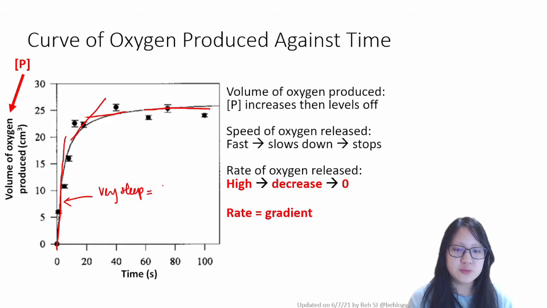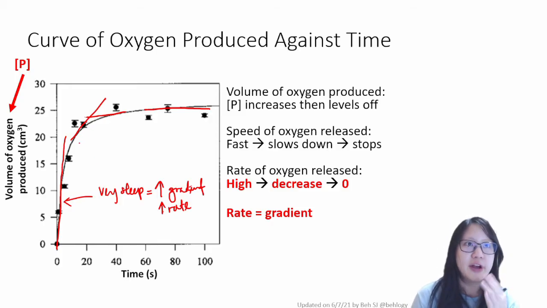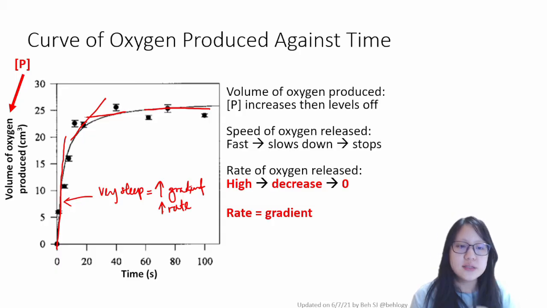which means the gradient, the number that you calculate, would be very high. And this one would be telling you also that the rate is very high. Here, less steep, so rate is lower now, but it's still going on.